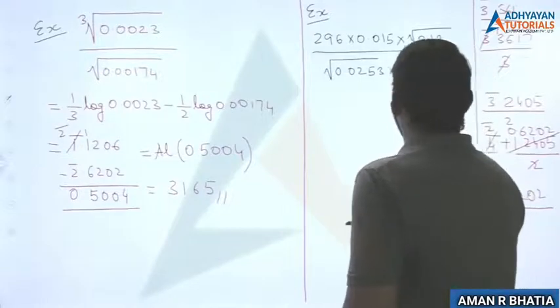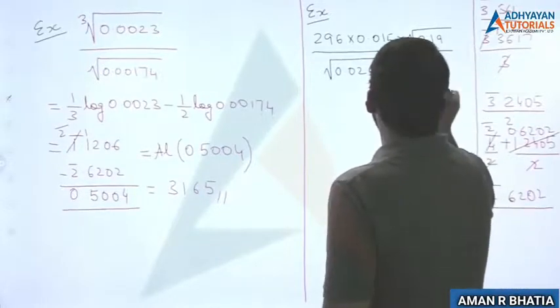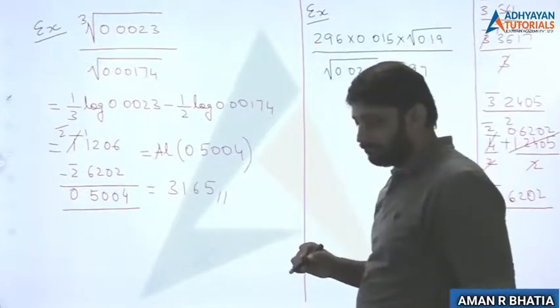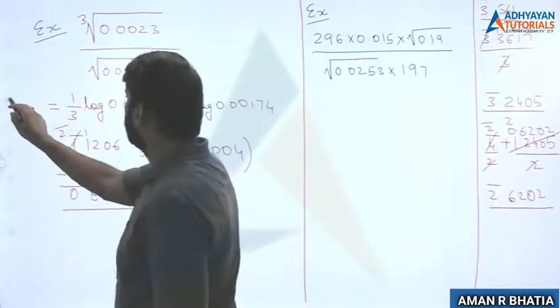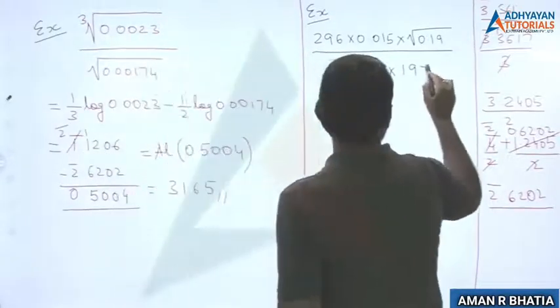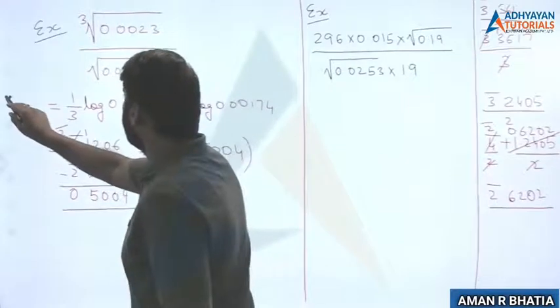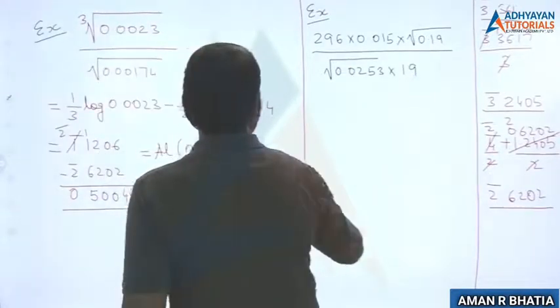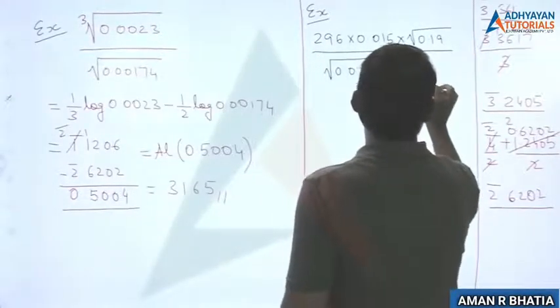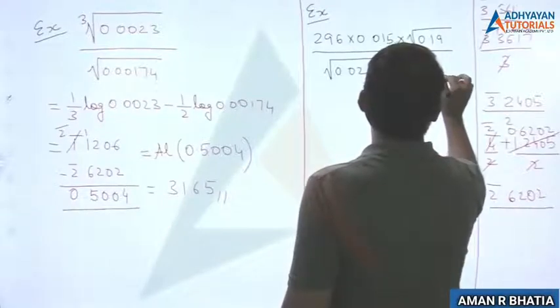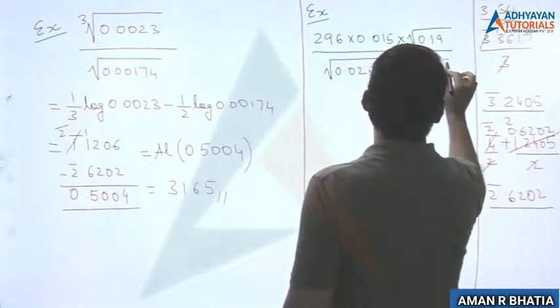Or rather than that, if you want to do something else, instead of 197, I can take it as 19 to the power 2 into 10 to the power 3.